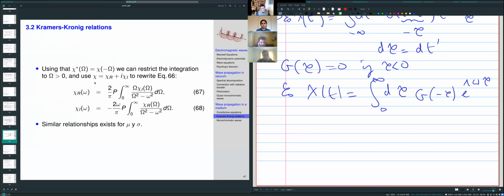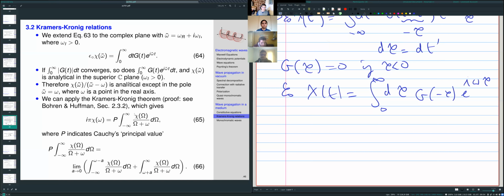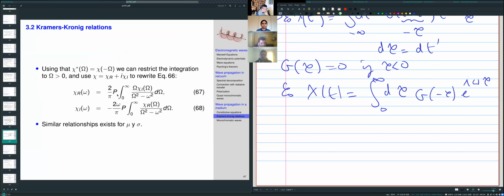If you have this susceptibility, which has real and imaginary parts, then the real and imaginary parts are connected thanks to this equation. This I here mixes the real and imaginary parts, and this P is the limit as you do this integral. It diverges if you take it straight, but you can take the principal value of it, and that doesn't diverge.